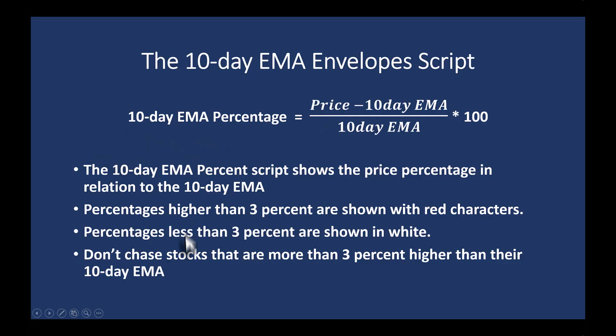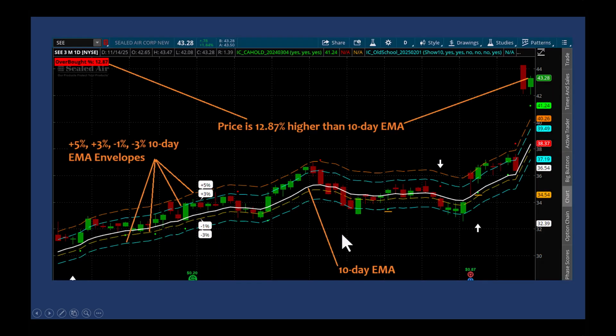And James has made a point of saying he doesn't like to chase stocks that are more than 3% higher than their 10-day EMA. So on the chart, we've got the envelopes. I never did have anything that looked like this on the watch list, so I added it.